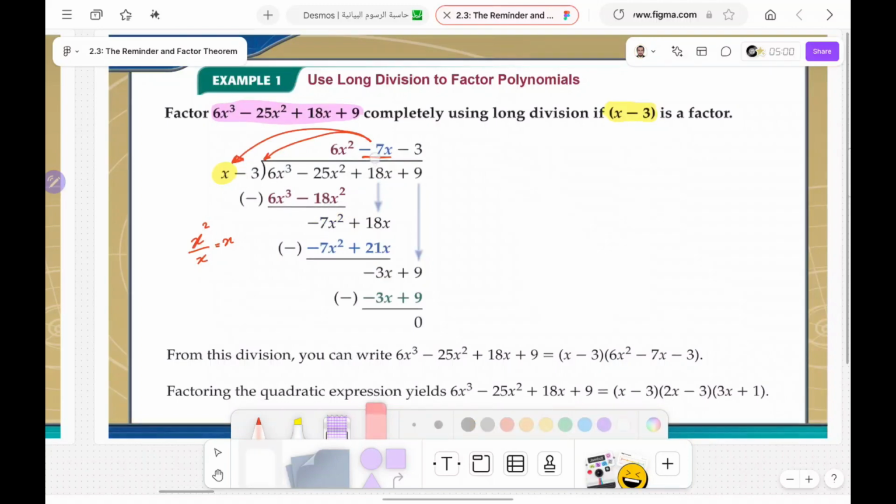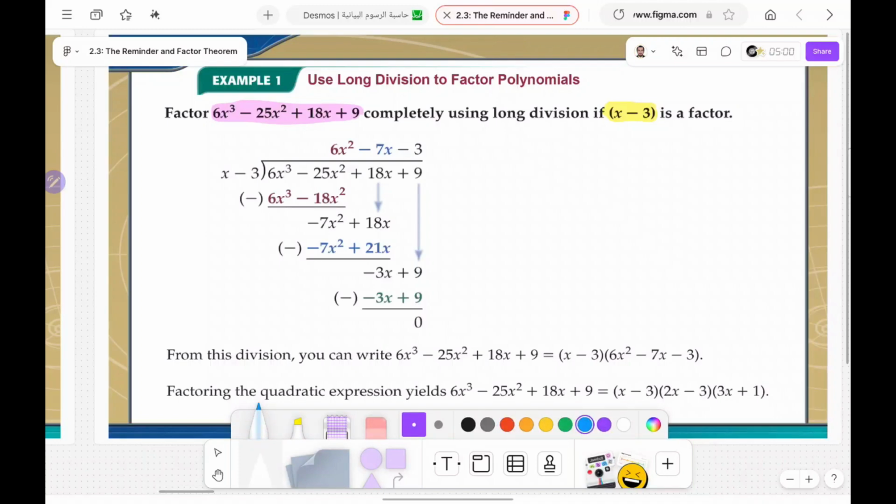Then after we did the distributive property, now let's subtract them. Let's put the negative sign first. Then negative 7x squared minus negative 7x squared, they cancel each other. Now 18 minus 21, which is equal to negative 3. Now we repeat the same steps.